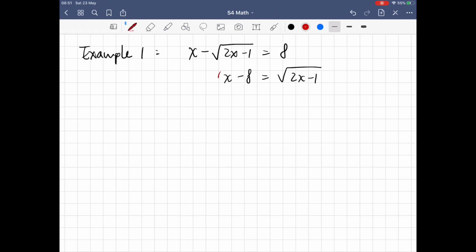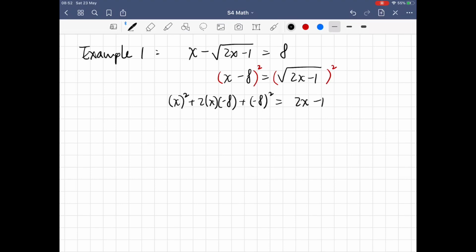And afterwards, we can take the square on both sides. For the left hand side, we have a squared plus 2ab plus b squared. And for the right hand side, after taking the square of the square root, it will become 2x minus 1.